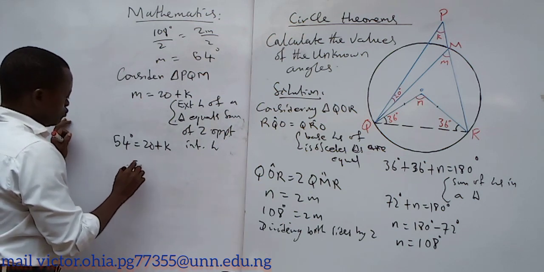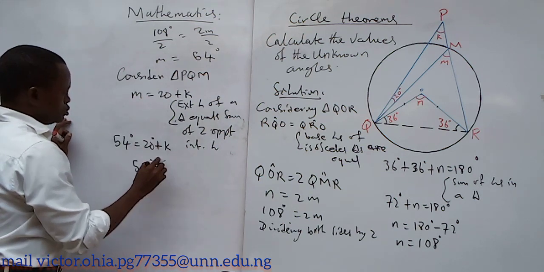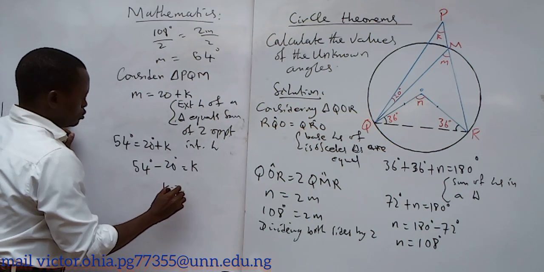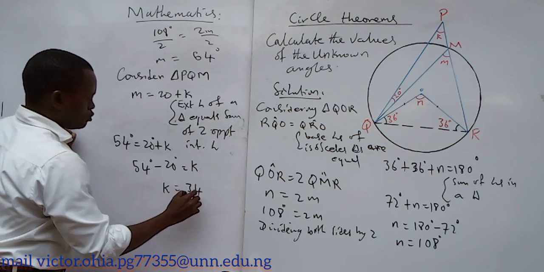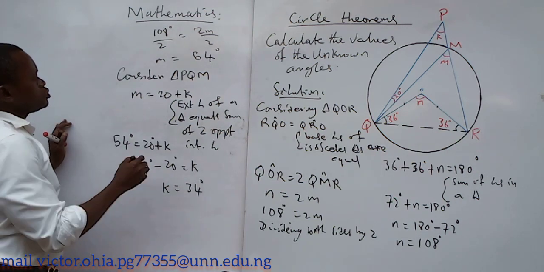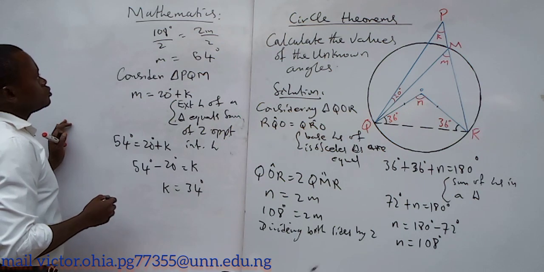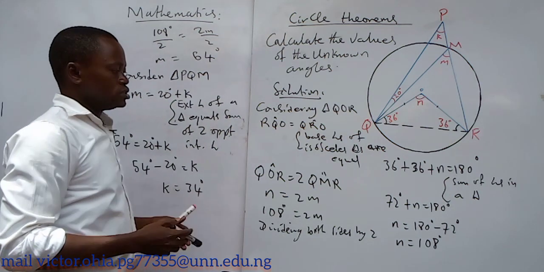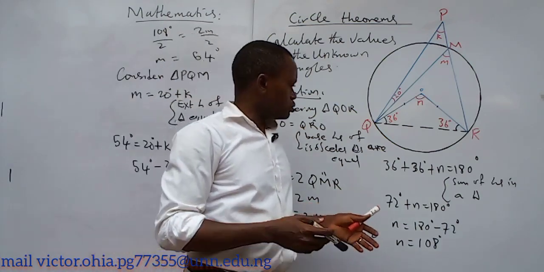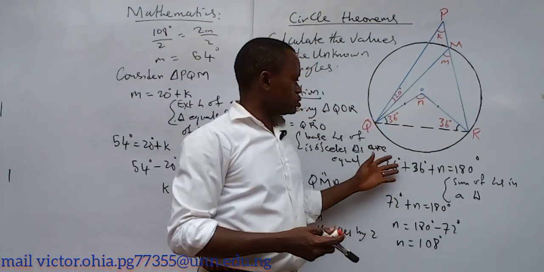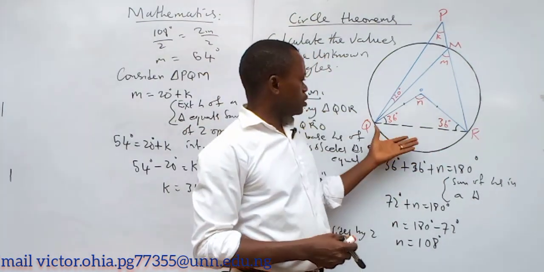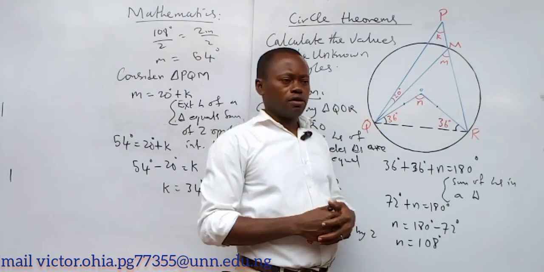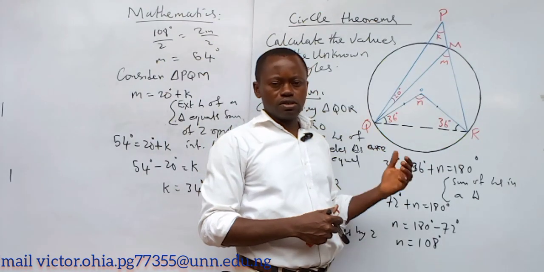So we have 54 degrees minus 20 degrees equals k. That means k is equal to 34 degrees. You see, within 5 minutes or thereabout, I've been able to show us a way to handle a problem like this that says find the unknown angles in this diagram.